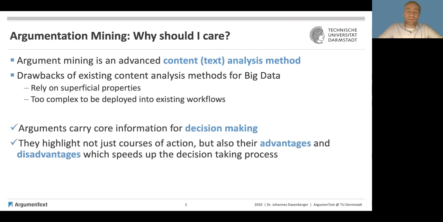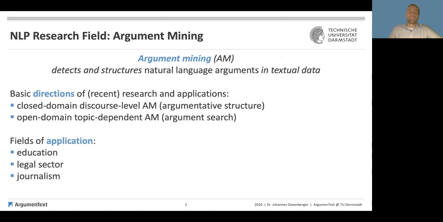Natural language arguments carry core information for decision making because they highlight not just the courses of action, so what you could do, but also the advantages and disadvantages of those actions, which obviously speeds up the decision-taking process a lot.